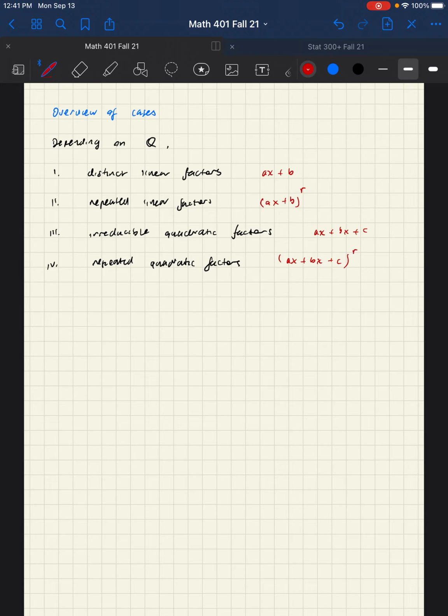All right, so you may be wondering, how come these are the only possible cases? And the answer, depending on how deep you want to get, really comes from the fundamental theorem of algebra. So, background.